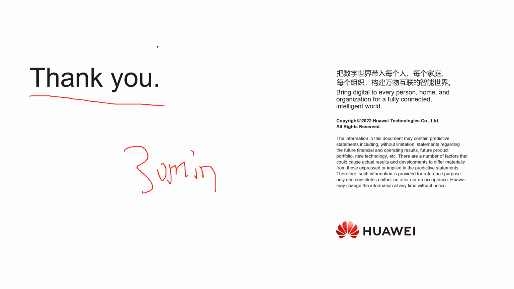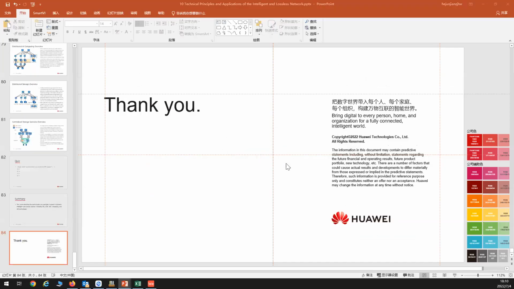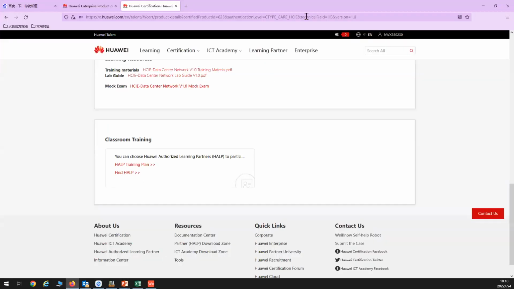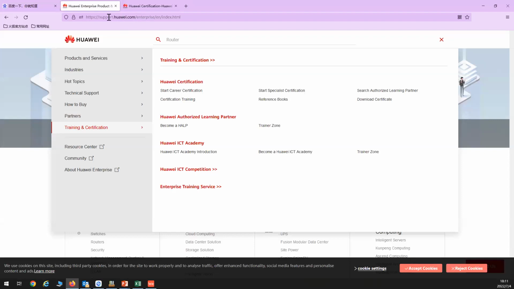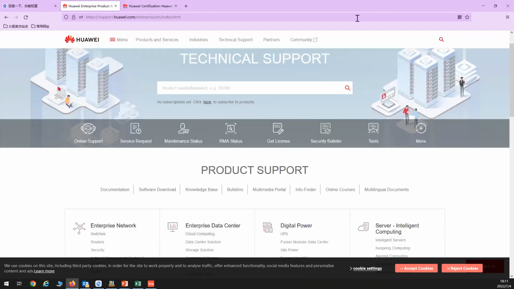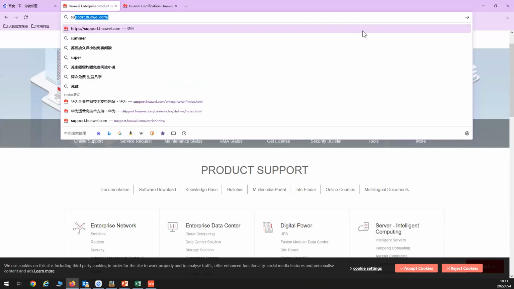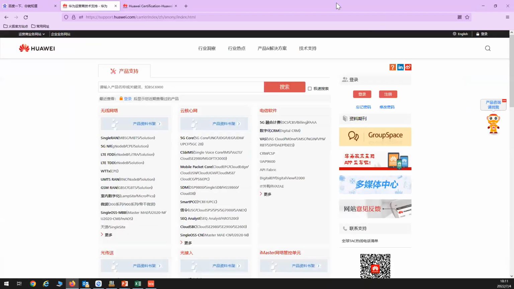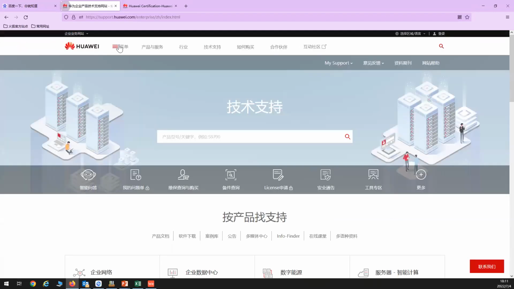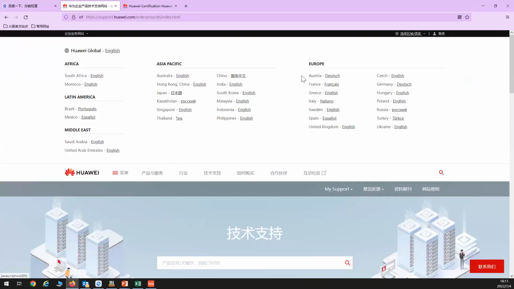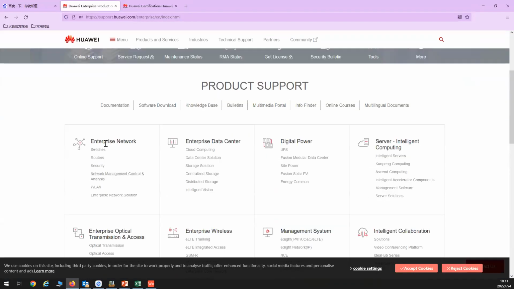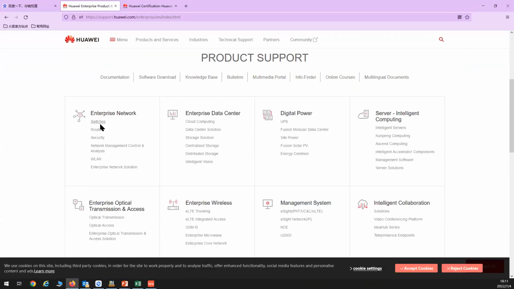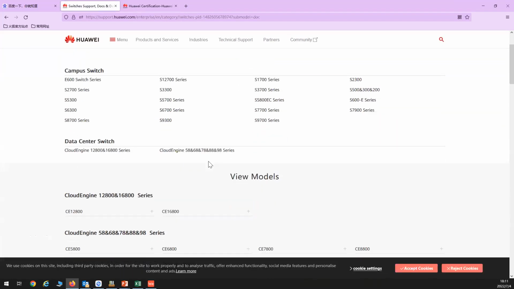Only available in CE. Only a series device is supported. Let me tell you how to find it. Enterprise network, data center switch.